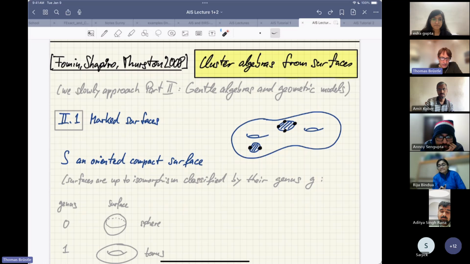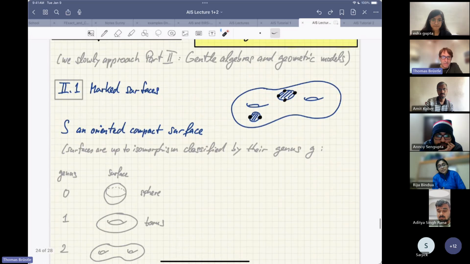Okay. So we start with an oriented compact surface S. Surfaces in topology, up to homeomorphism, are classified by their genus.